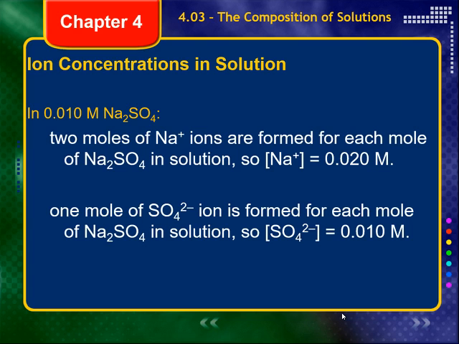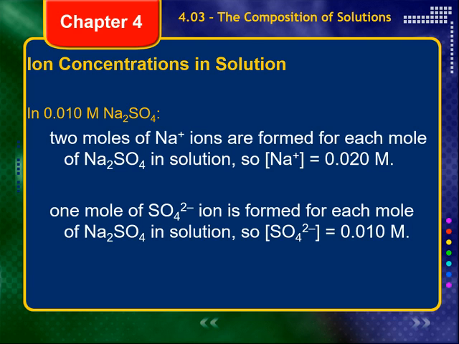And so I'm going to represent that as a concentration of Na+ in brackets. That denotes concentration. It's 0.020 molar. But there's only 1 mole of the sulfate ion, and so we're going to represent that, again in brackets, as only 0.010 molar.